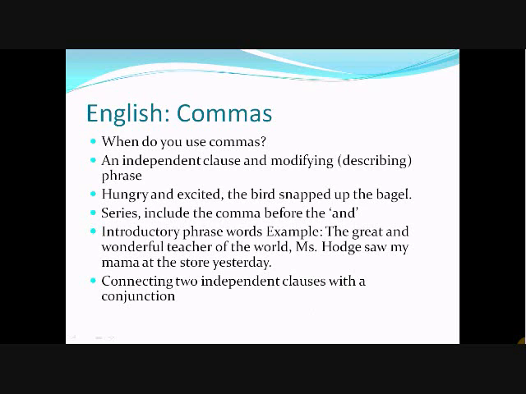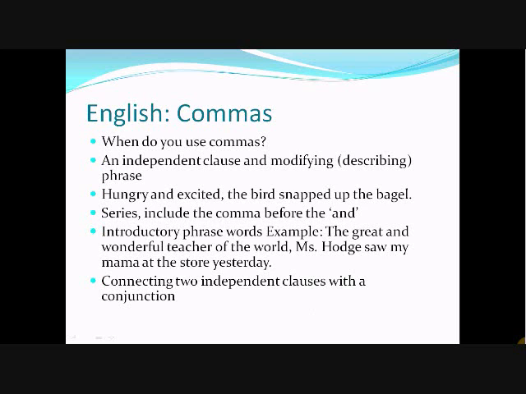So when do you use commas? When you have an independent clause and a modifying, and that just means a describing phrase. So hungry and excited, comma, the bird snapped up the bagel. So the bird is hungry and excited. So it's describing the bird in the independent clause, so you want to separate it by a comma.